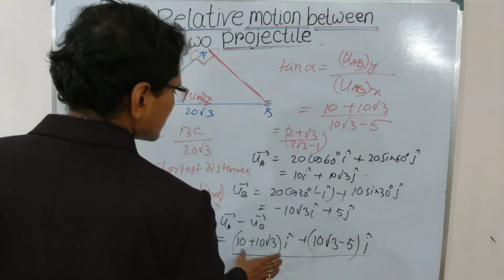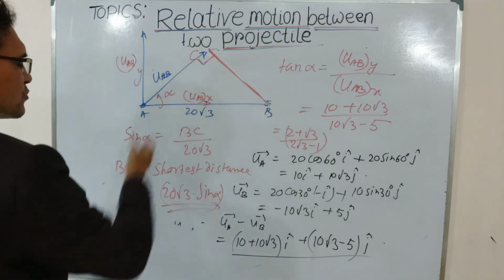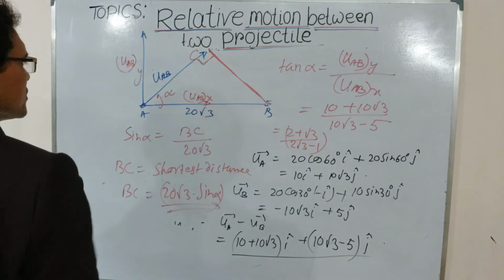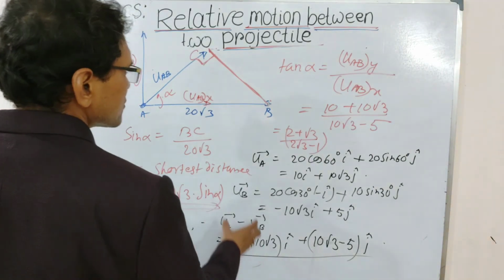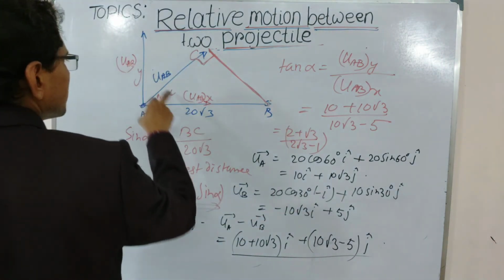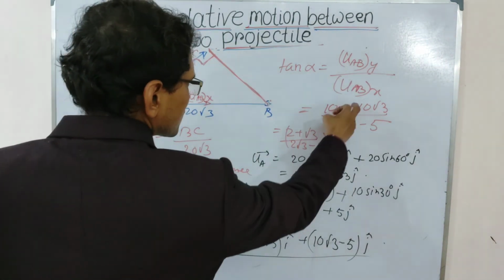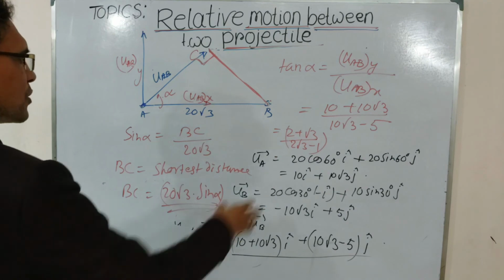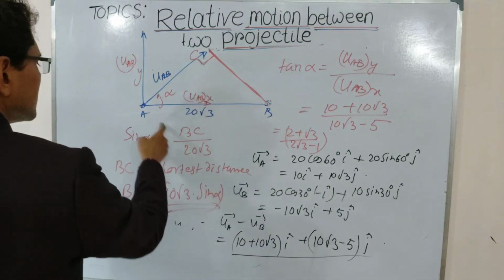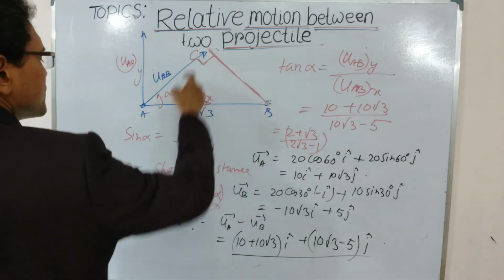UAB equal to this, so this is motion in a straight line. The direction of UAB makes an angle alpha with the x direction. So we get tan alpha equal to perpendicular by horizontal component. From tan alpha we get sin alpha, and from that angle we get the shortest distance BC.